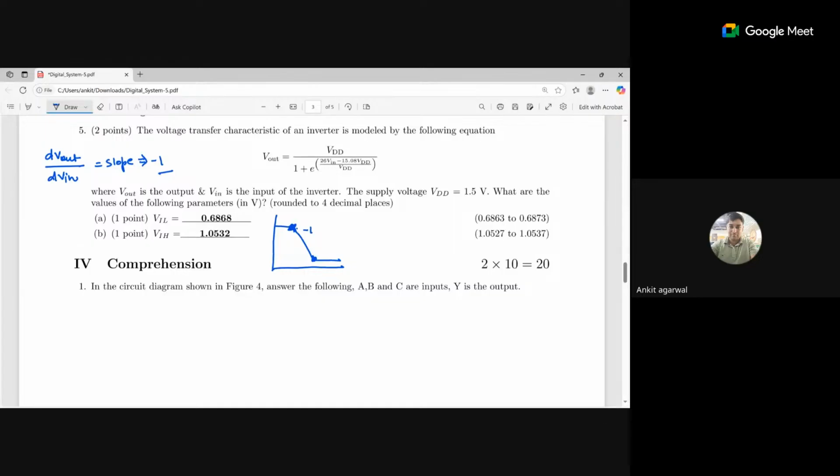With respect to this, you are getting 2 points. This is my V out. So you are getting this point, and this point is VIL, input side low, and you are getting the output as high, so VOH.